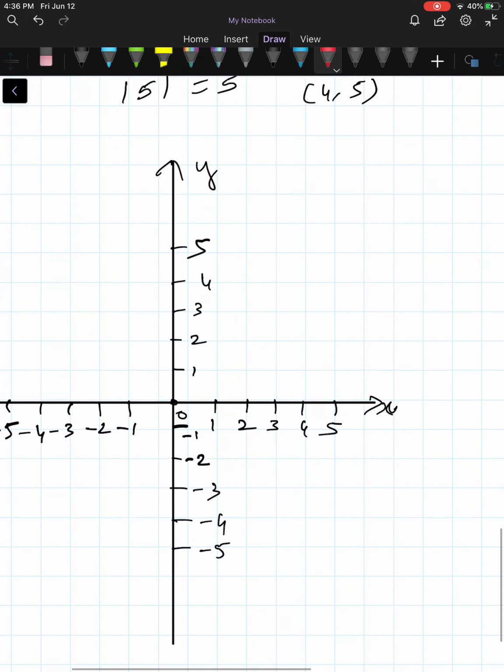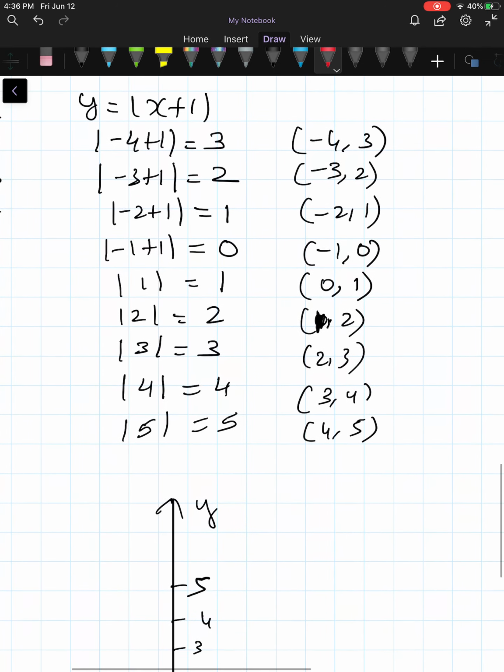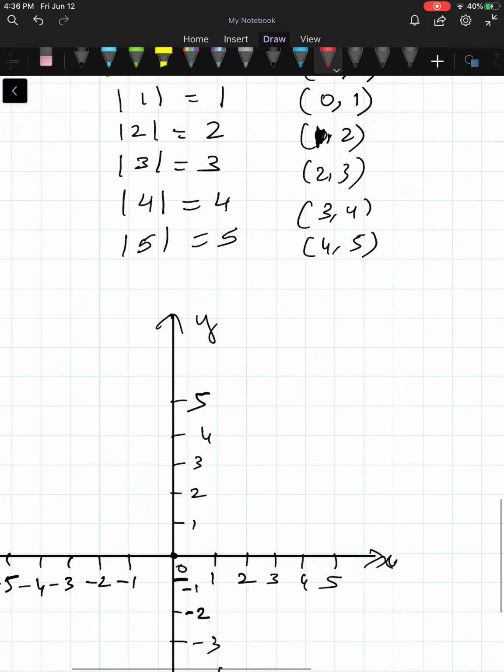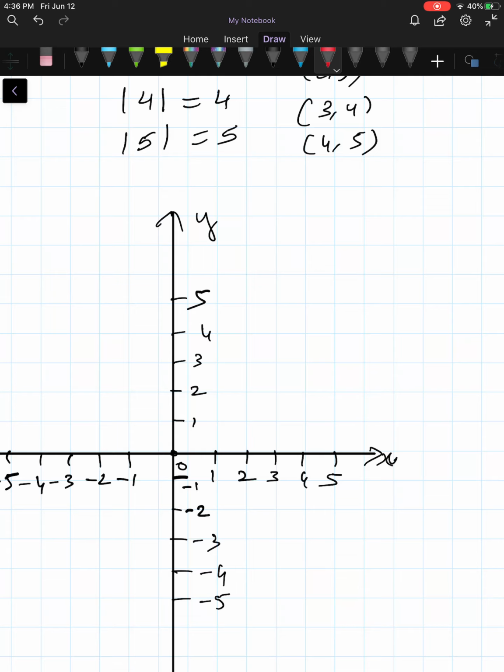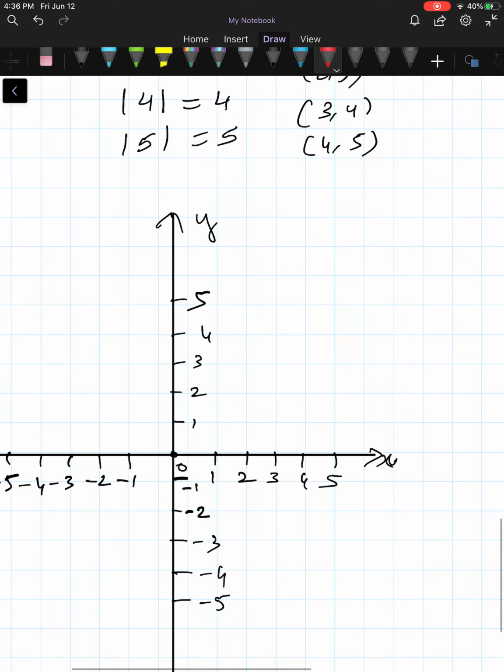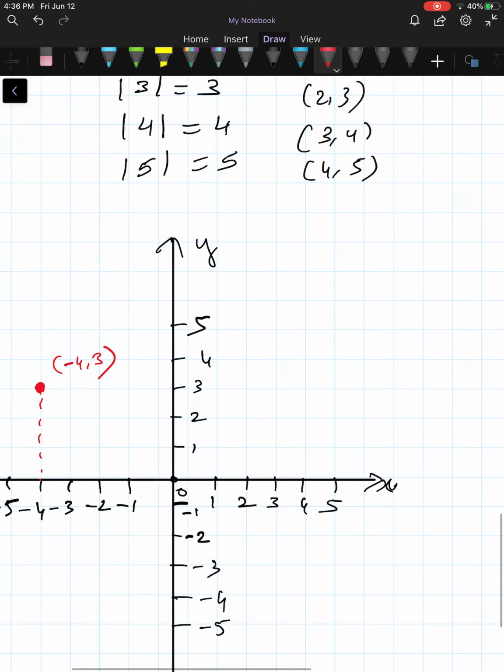So if we start plotting the points, first point is -4, 3. So -4 on x-axis and 3 on y-axis is this point, -4, 3.